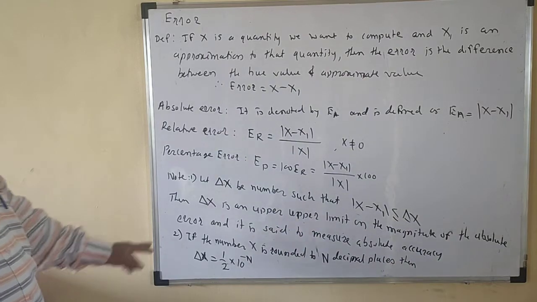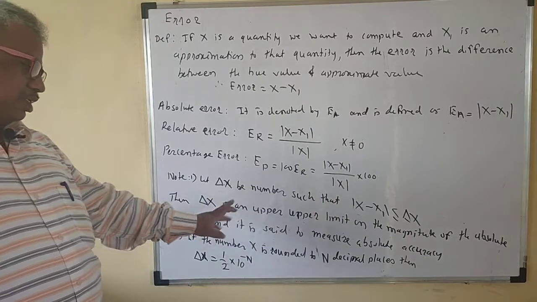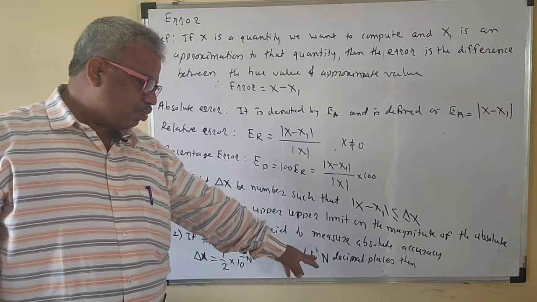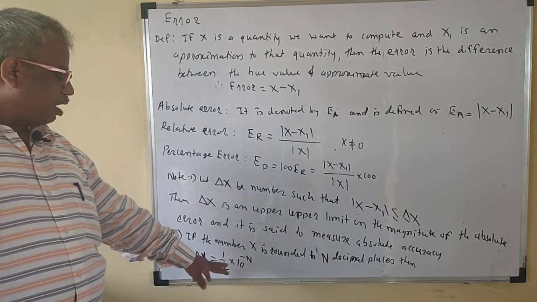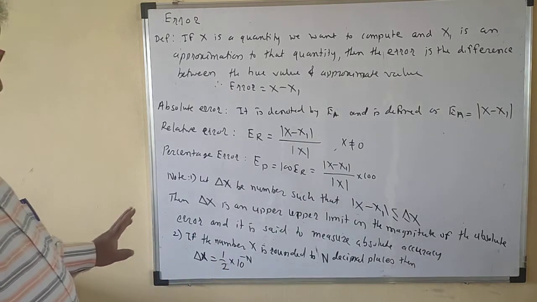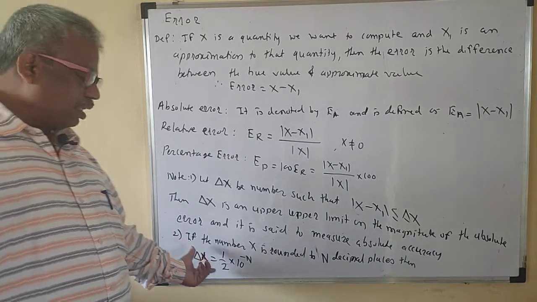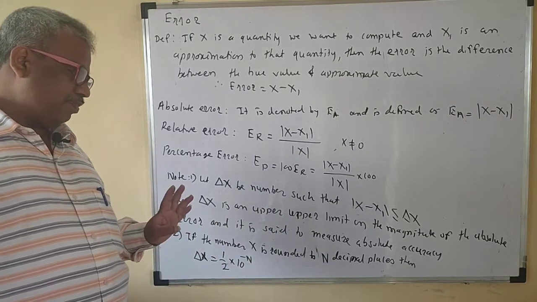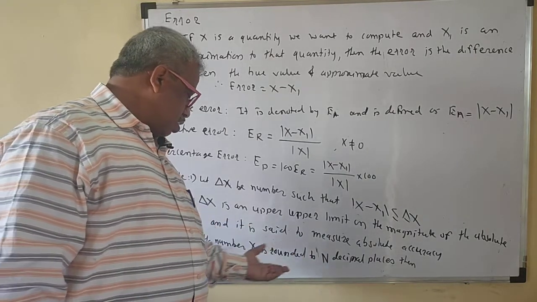Note that we take delta x as the number such that mod of x minus x1 is at most delta x. Then delta x is called the absolute accuracy. If x is rounded to n decimal places, then the absolute accuracy delta x is 1/2 into 10 raised to minus n. So this is the formula to find the absolute accuracy, where n is the number of decimal places to which x is rounded.